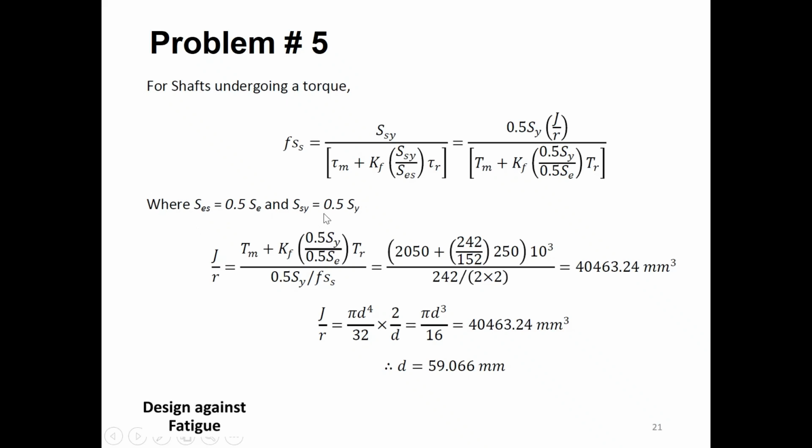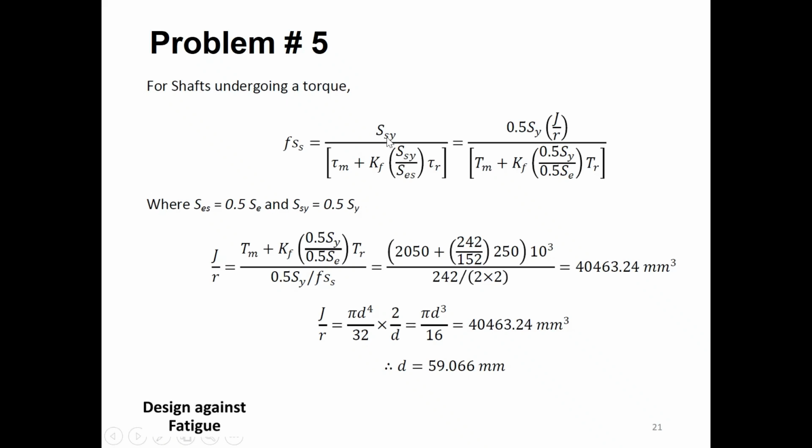The same applies for the yield strength. If the yield strength of the material based on the tensile test is given, multiply this by 0.5, and it gives you the yield strength of the material in shear.